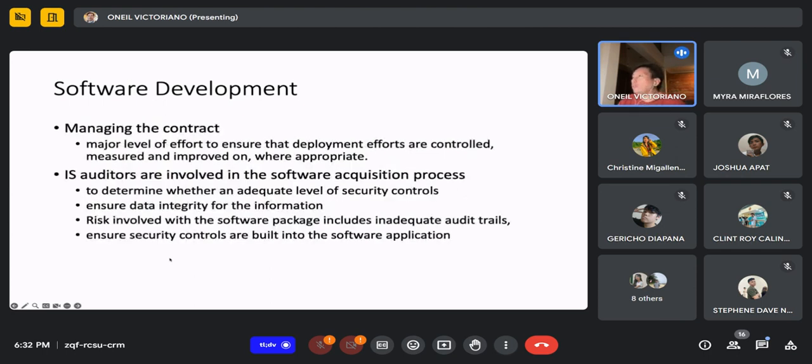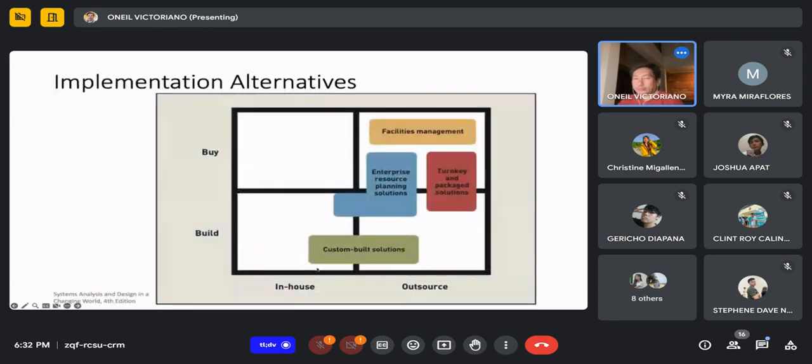So also you might look into managing of contract, which is part of COBIT, and of course the involvement of you as IS auditors or analysts is to check on security controls, data integrity, risk over inadequate audit trails, and the security controls that are built into the software application.